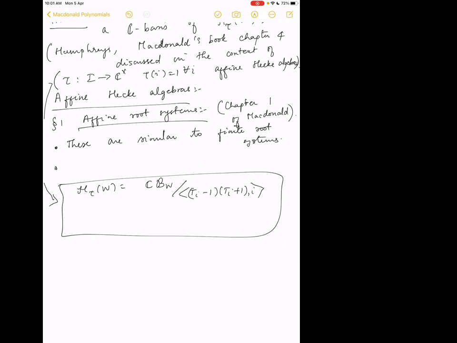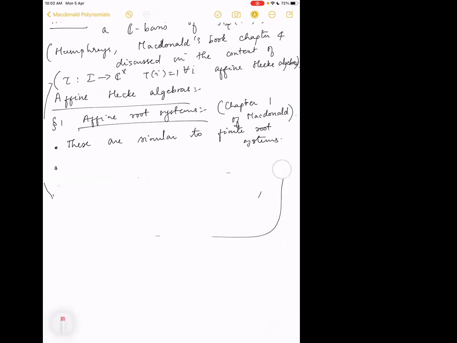Okay, so I'll just erase this. And I just want to highlight a few points about affine root systems, both drawing their similarities and differences with the finite root systems that I will assume for these lectures. So there are infinitely many affine roots.